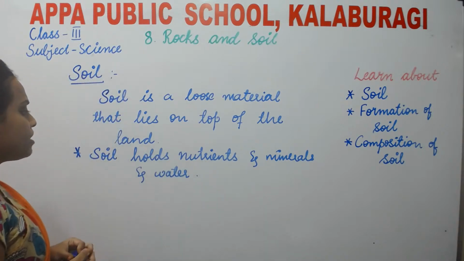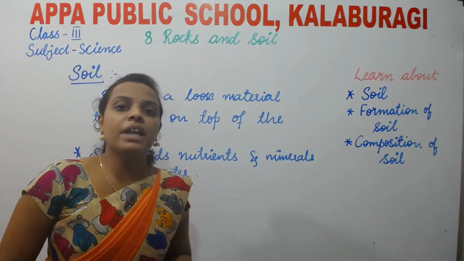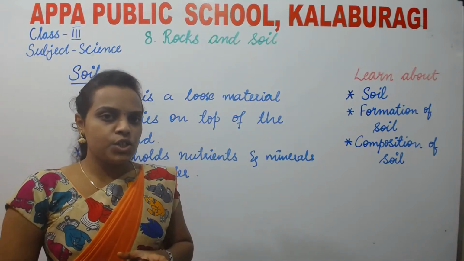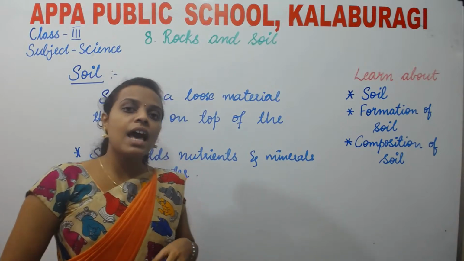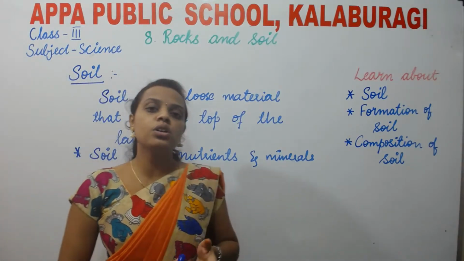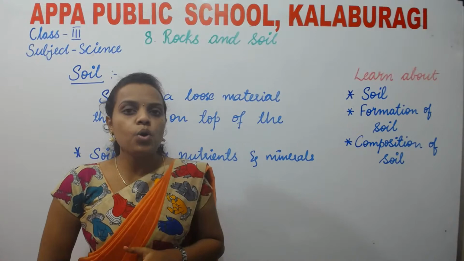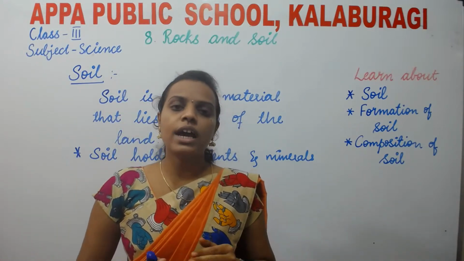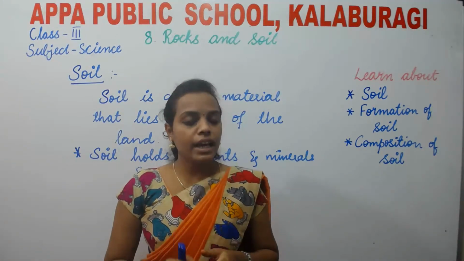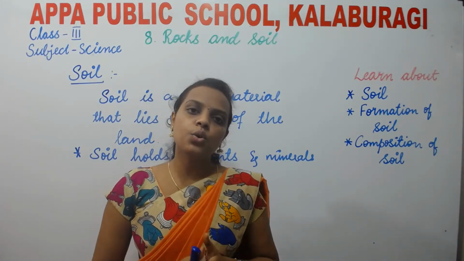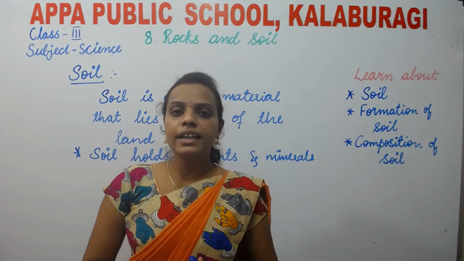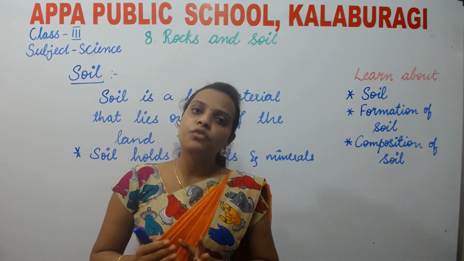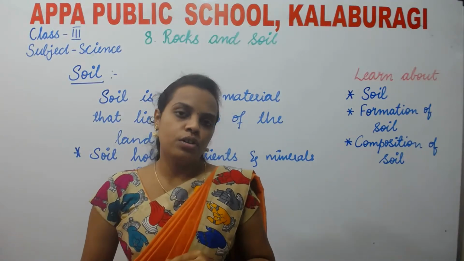Hence we can say it is the right place to grow plants. Soil also supports the roots so that plants can stand erect and get the sunlight from the sun, which helps in preparing their food.